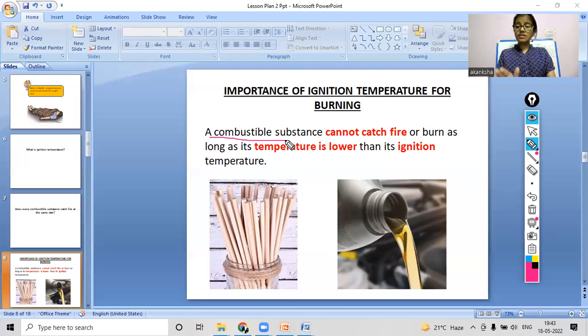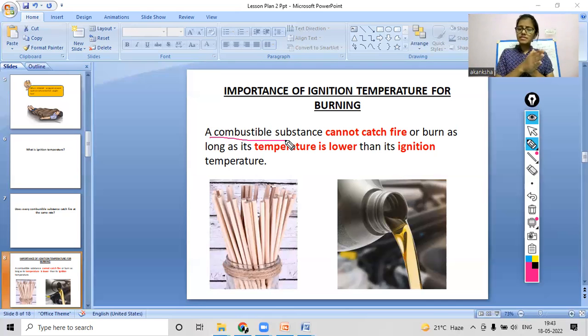That means this laptop's temperature has not reached the ignition temperature for it to catch fire. So for a combustible substance to burn or catch fire, it requires a minimum temperature, that is the ignition temperature.